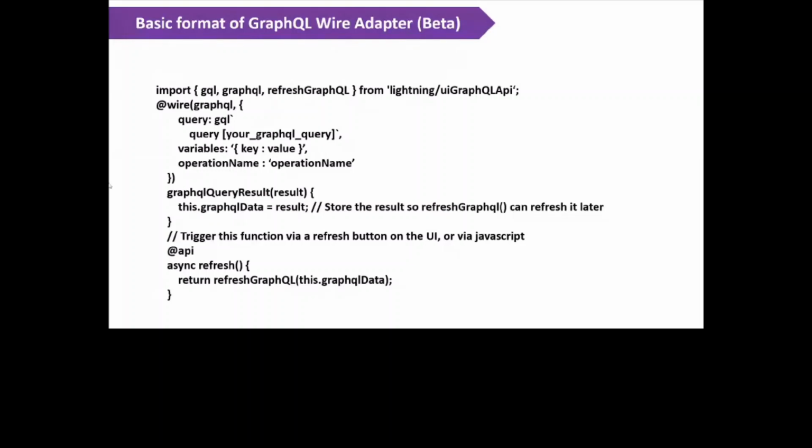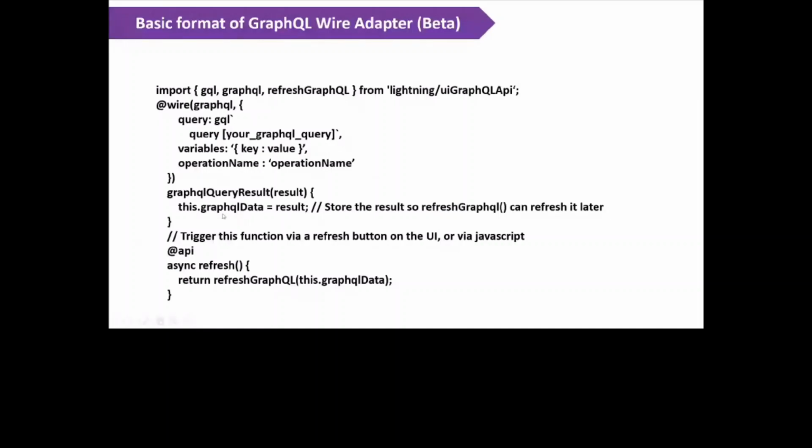The next thing, variables, is a key value pair, and it passes dynamic values to your gql query. Salesforce strongly recommends using a getter for variables, because the wire adapter will react to the changes. The last thing, operationName, you just pass your operation name here. Variables and operationName are not required, so if you want, you just declare those things.